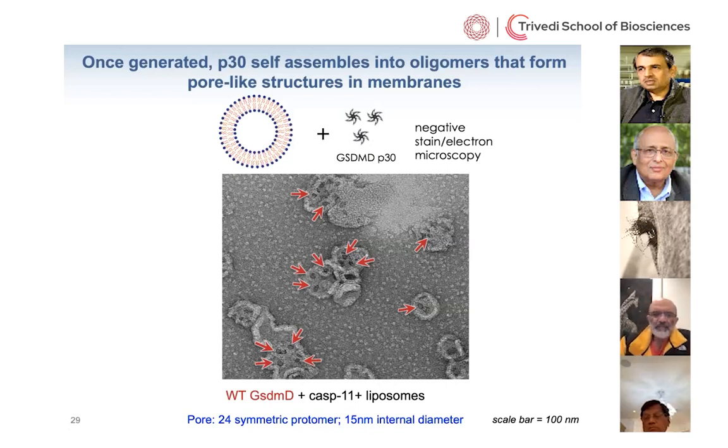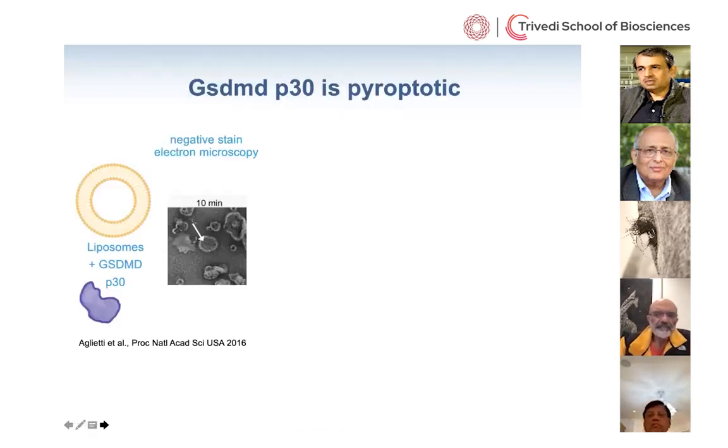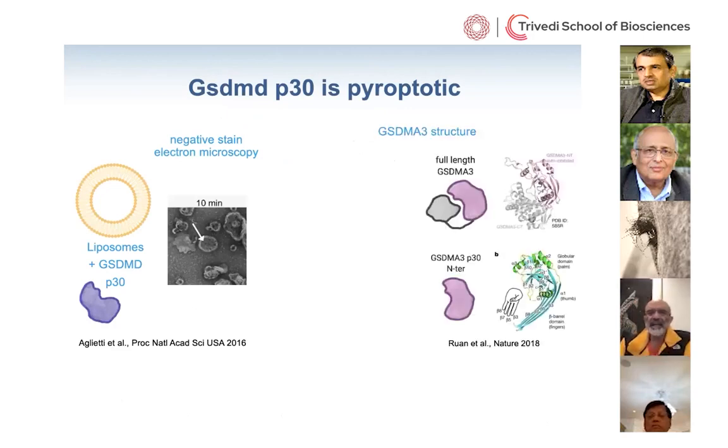And the field just exploded after this. This was our work with negative stain electron microscopy, but much higher resolution structures were produced by Feng Shao, who's in Beijing, and Hao Wu at Harvard. They showed quite clearly with atomic level resolution, in the full length Gasdermin D, they solved the structure of a related family member, but the details aren't important, that the P30, the death-inducing fragment, is sheathed, protected by P20.